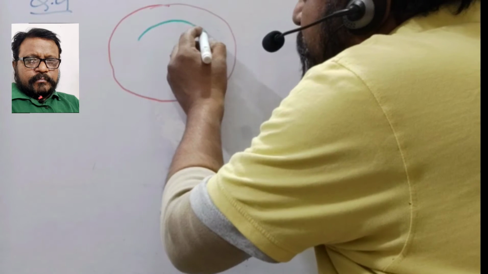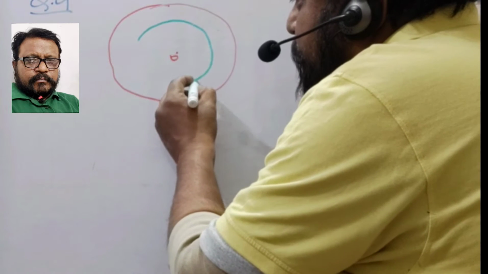Concentric circles means two circles having a common center.